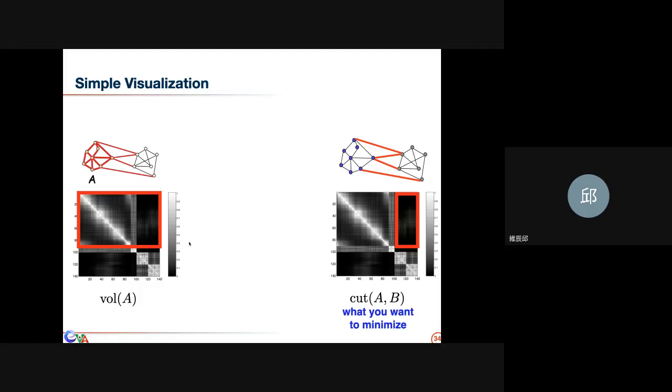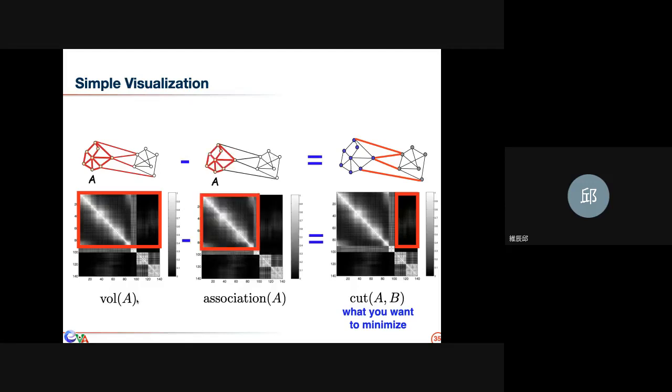If I discard, or subtract, this area from the volume A, then you can arrive at the cut cost AB.